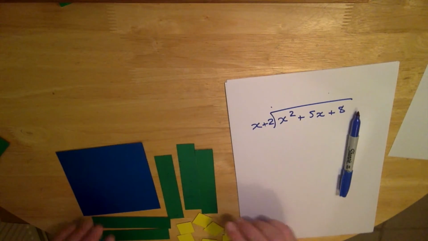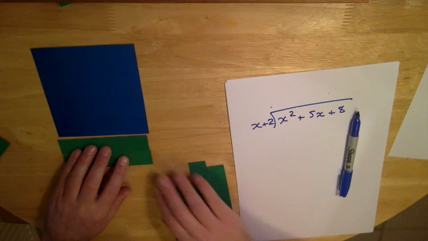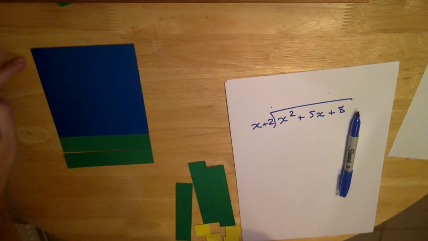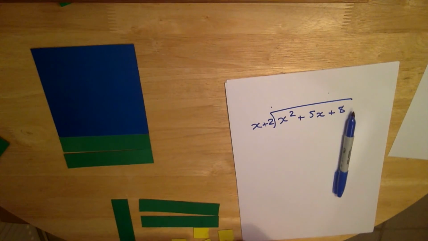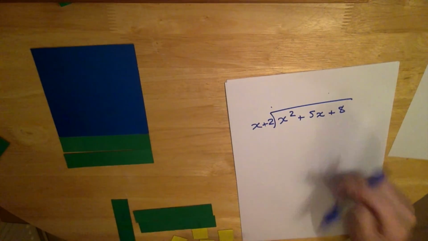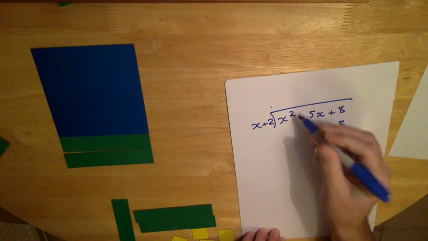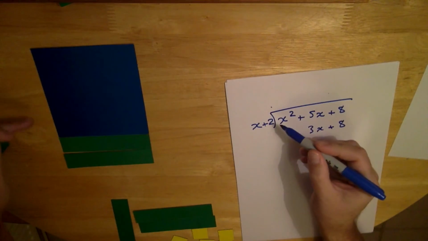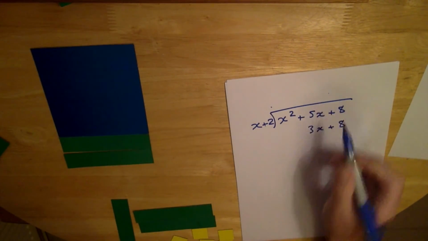So if I can make a length of x plus 2, I've got x plus 2 as one of the lengths here. Now I've just removed x plus 2, and over here I have remaining 3x plus 8. At the moment I've got x plus 2 multiplied by x. So I'd have an x in here.